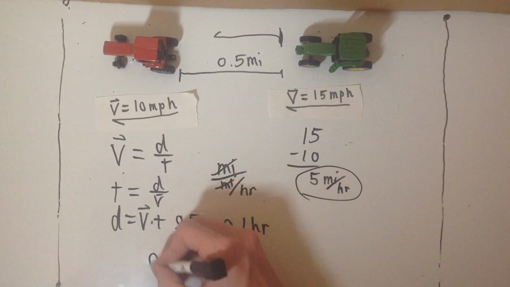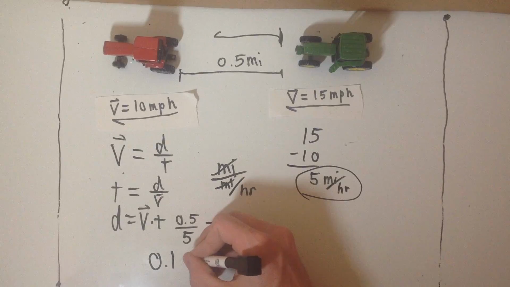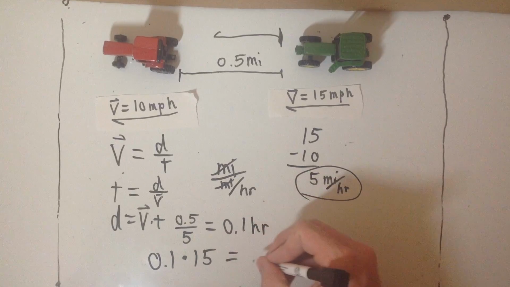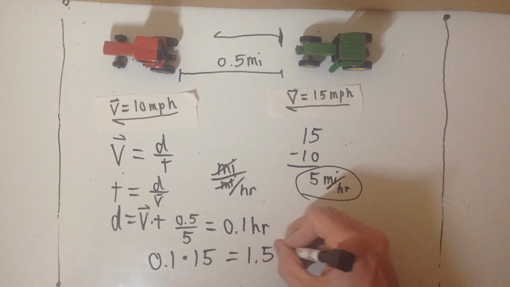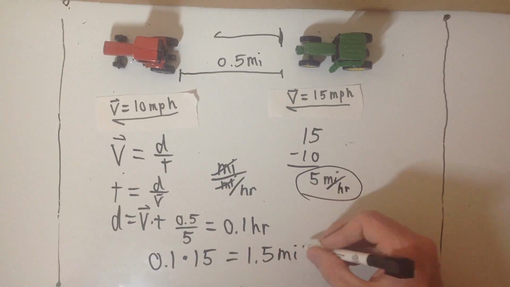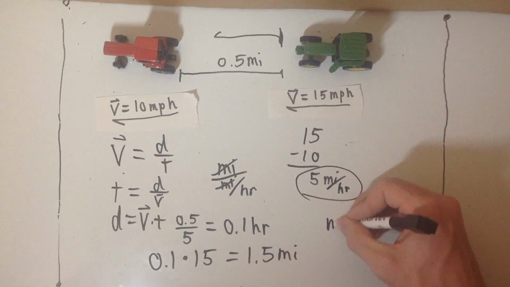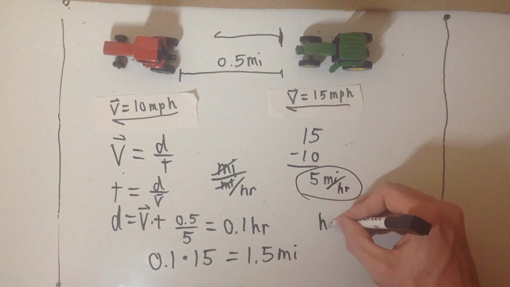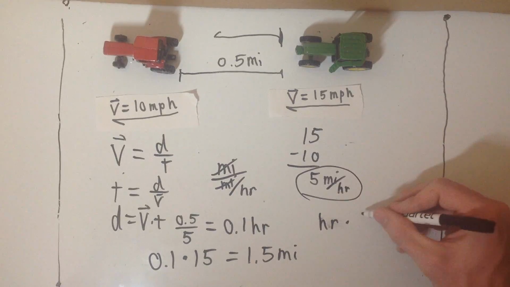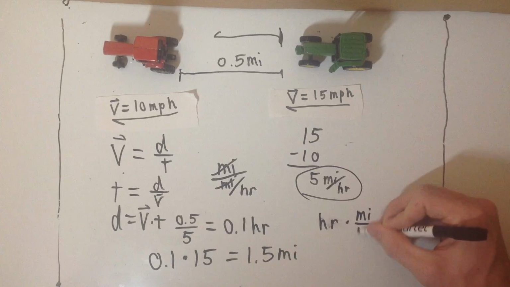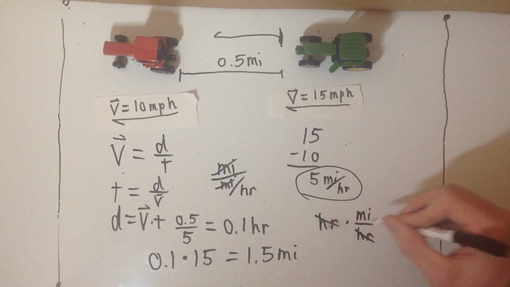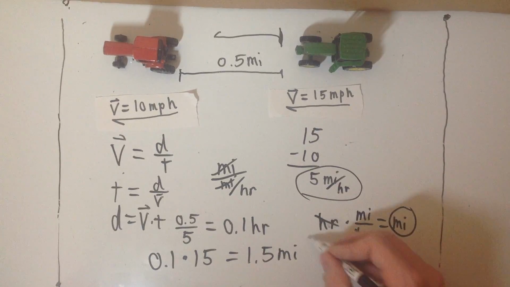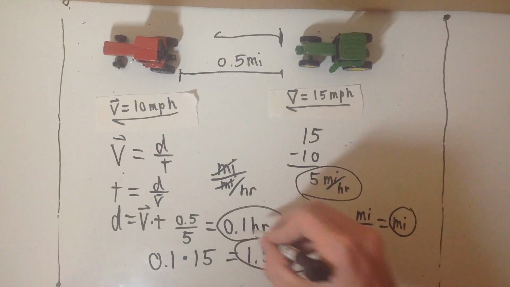We have our time of 0.1 hours times a velocity of 15 miles per hour, which equals 1.5 miles. We get those units because we have time in hours multiplied by miles per hour. The hours cancel and we're left with miles. And there we get our distance, and here we have our time.